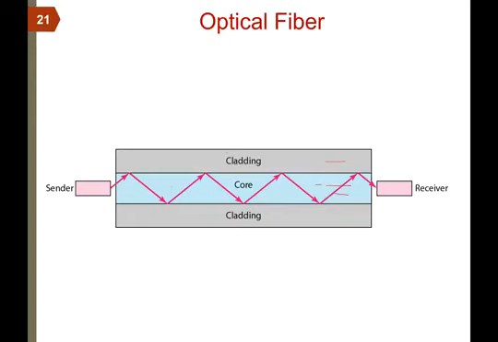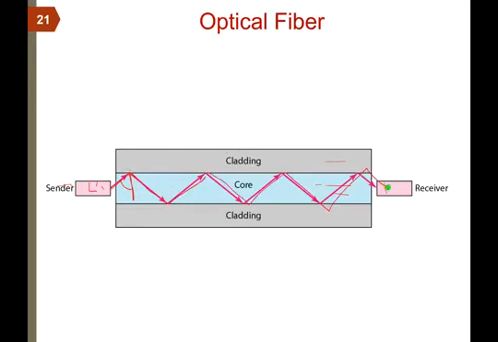We'll have a laser diode, for example, or an LED that converts the electrical signal to a light signal. This light signal will enter the fiber. Then, because this angle is more than the critical angle, it will be reflected and so on until it gets to the receiver.